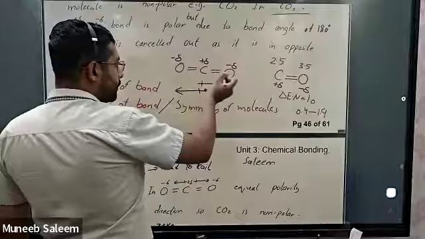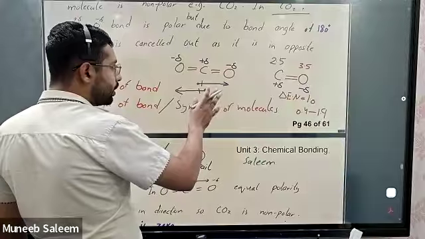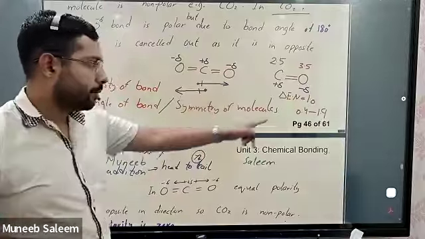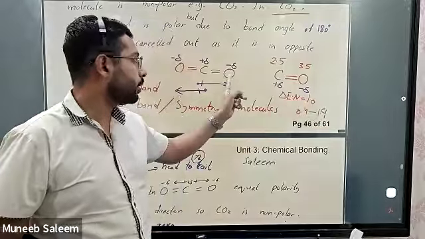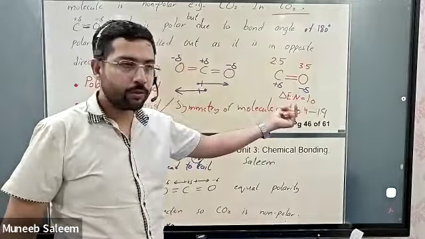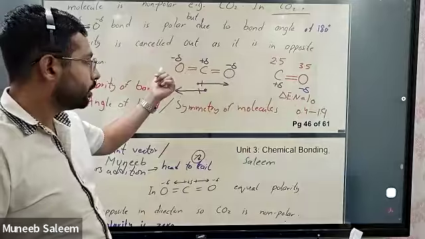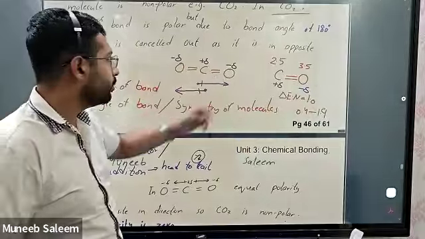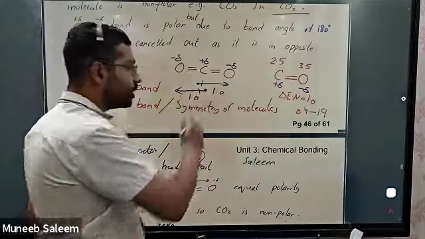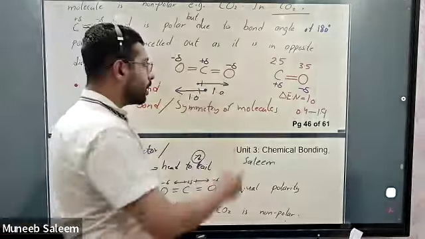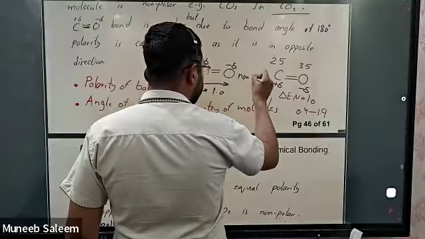These two arrows are in exactly opposite directions with equal magnitude, that is 1.0. This is the magnitude of one bond on the basis of the difference in electronegativity values. Similarly, 1.0 magnitude for this dipole. So 1.0 in this direction, 1.0 in this direction, so they will cancel out each other. As a result, carbon dioxide is said to be a non-polar molecule.